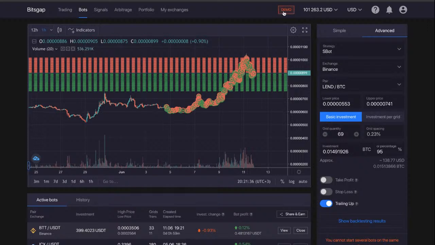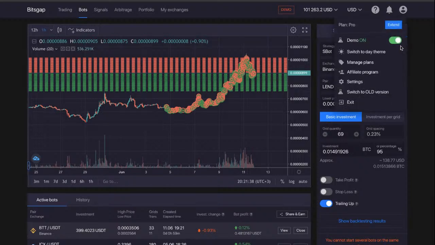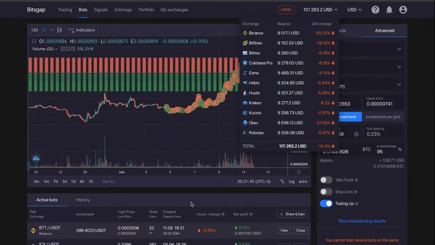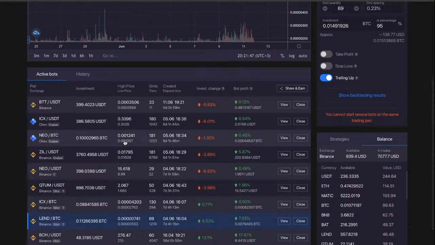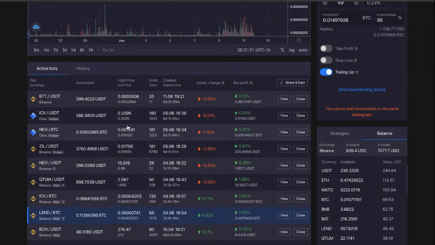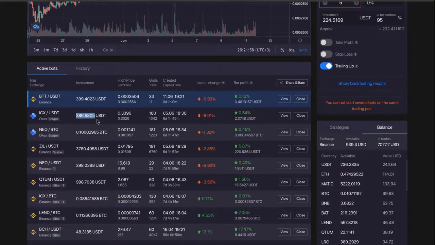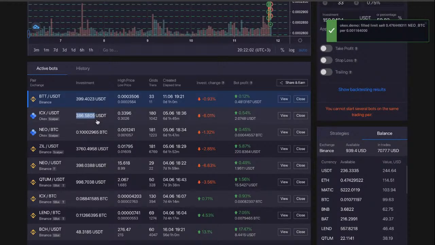And to learn how to use it, use the demo mode here. You have absolutely risk-free money, which you can trade. You can use it to optimize the trading, launch as many bots as you want with different setups, with different investment allocations, and find those perfect settings which fit your trading style.